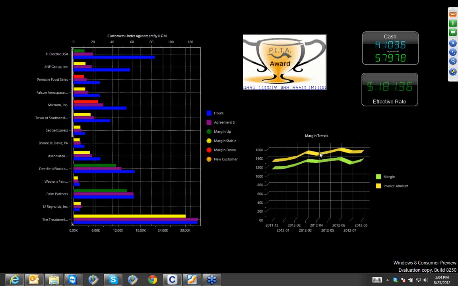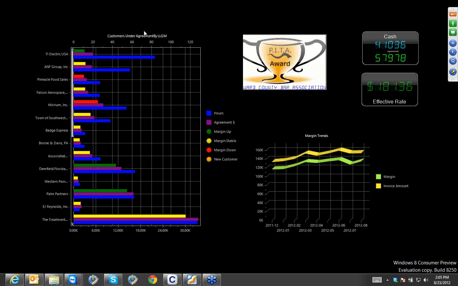The drill down from margins goes into the breakdown of agreements, and in this case I'm looking at it by the labor-loaded gross margin. That gives us a better idea than the effective rate because I'm taking all of my costs into account, whereas effective rate only looks at my total number of dollars divided by the total number of hours that have been spent.